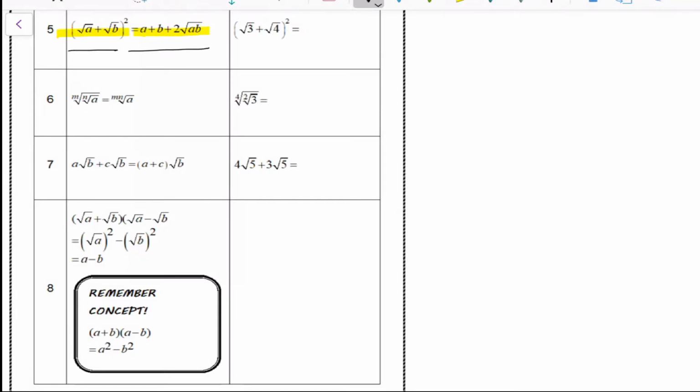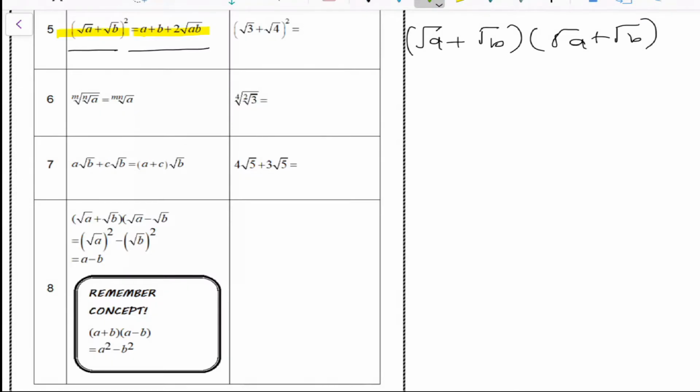So let us recall the knowledge that we have from our high school. Surd a plus surd b, squared, can actually be written as surd a plus surd b, times surd a plus surd b.